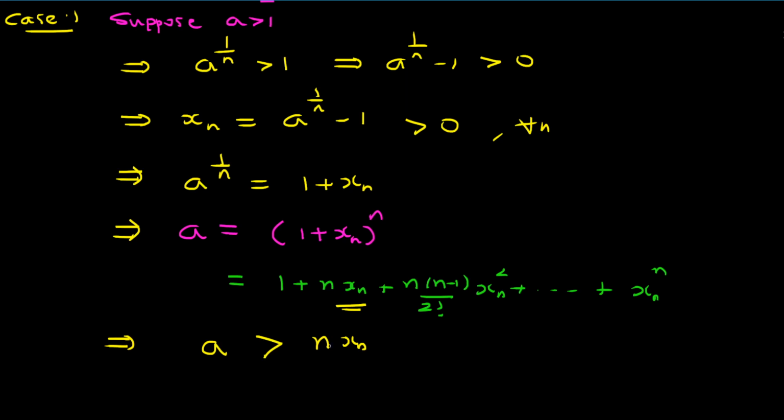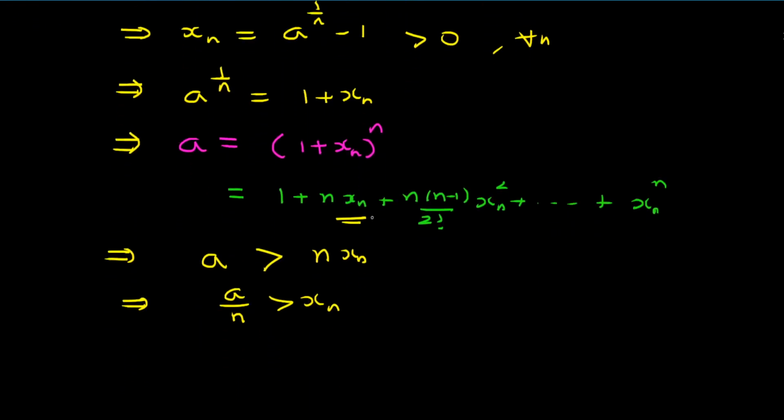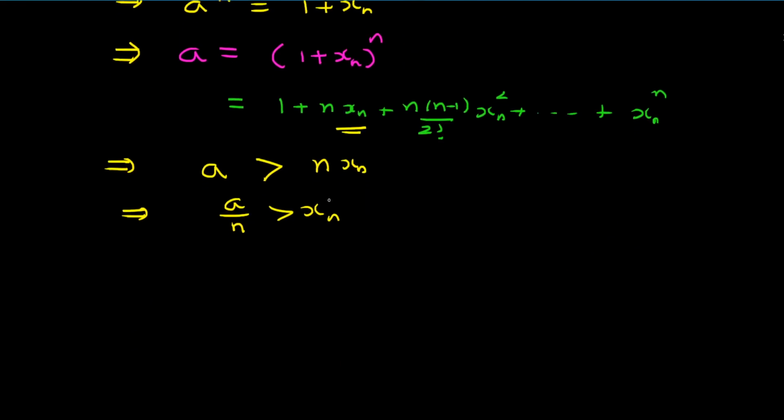But here it is only A, and it is not related to all of this. So I can write directly A is greater than n into xn. So this gives me A upon n is greater than xn. And now that simplifies our job. I can now write this as 0 less than xn less than A upon n. Remember, A is a fixed positive number greater than 1.